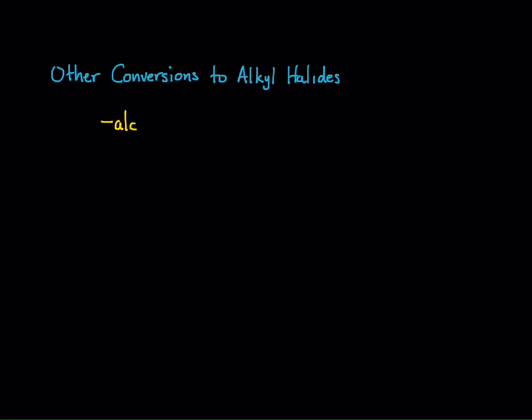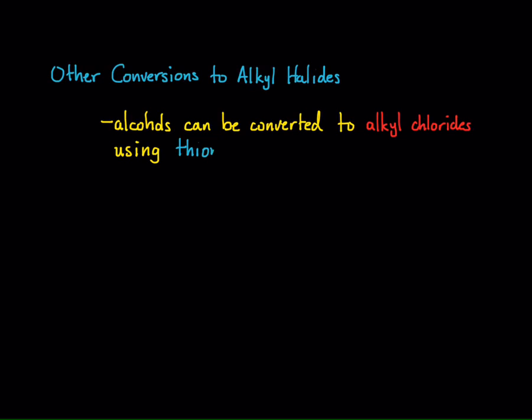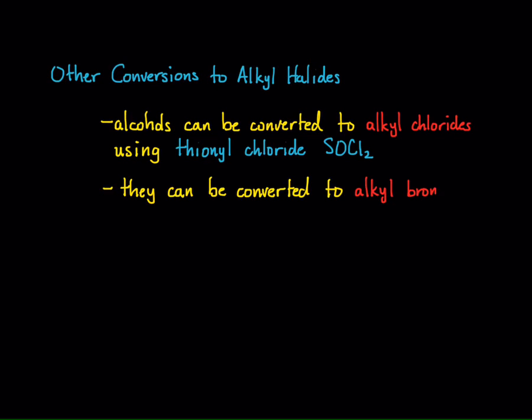So alcohols can be converted to alkyl chlorides using a reagent called thionyl chloride. Thionyl chloride is SOCl2. Alcohols can also be converted to alkyl bromides using phosphorus tribromide, which is PBr3.